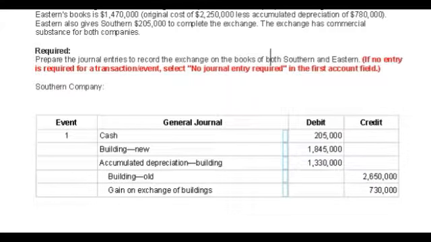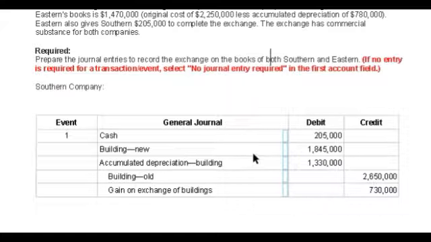So the transaction will create this type of journal entry from Southern Company's perspective. First of all, this company received 205,000, right, from the other party. So no matter what, you know that you received cash. So 205,000 cash went up, so you will be debiting it.